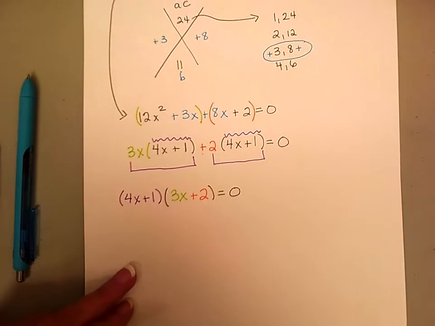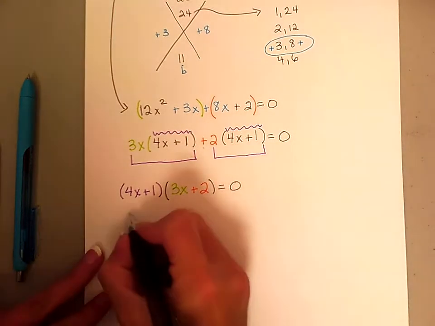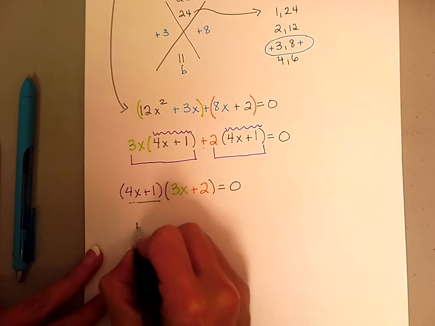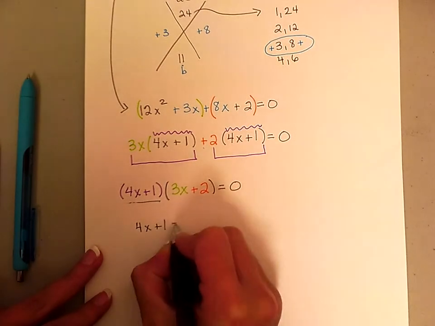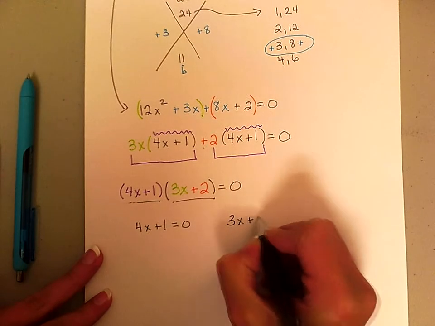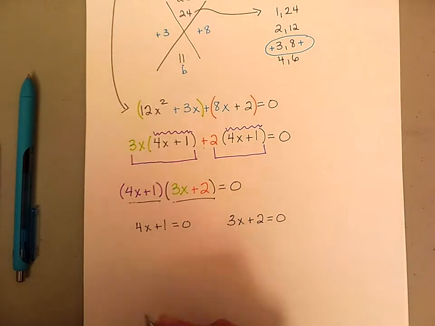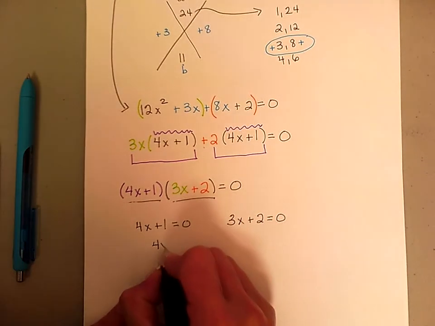And now it's factored, and we can use the zero product property that says either the first thing is equal to 0, or our second thing is equal to 0. And these things are called factors. So if we solve this, we'll subtract 1.